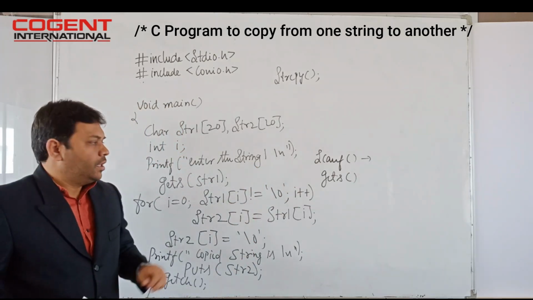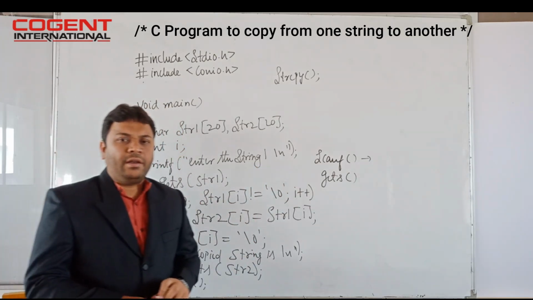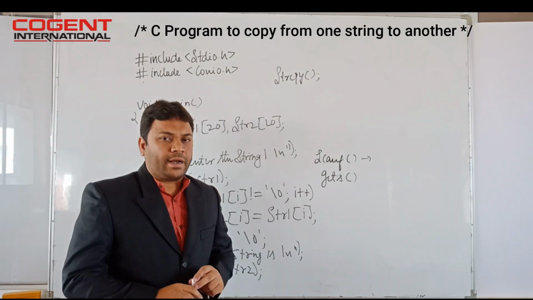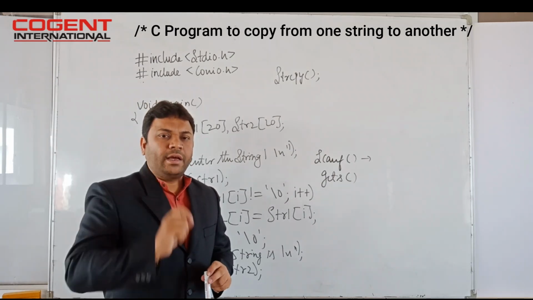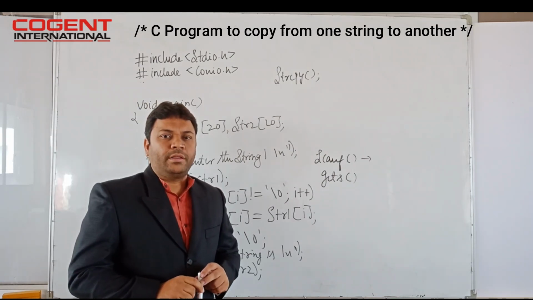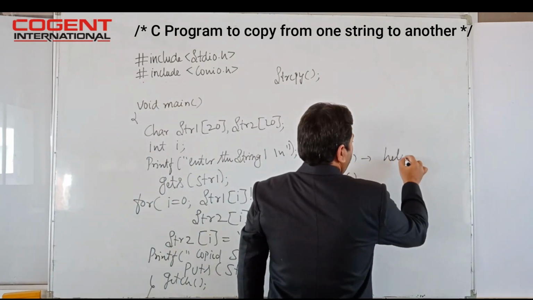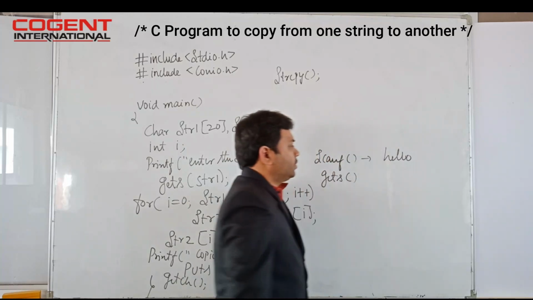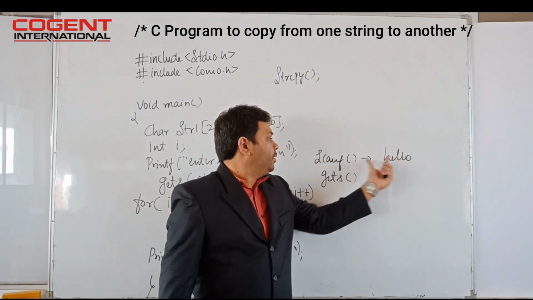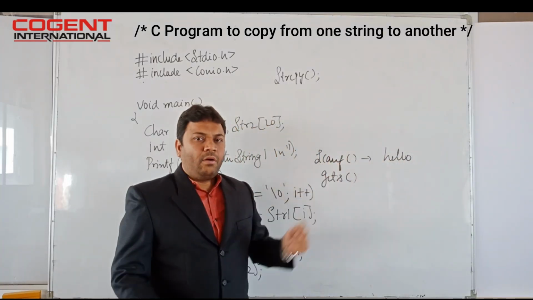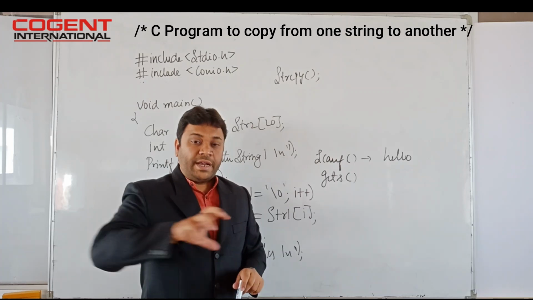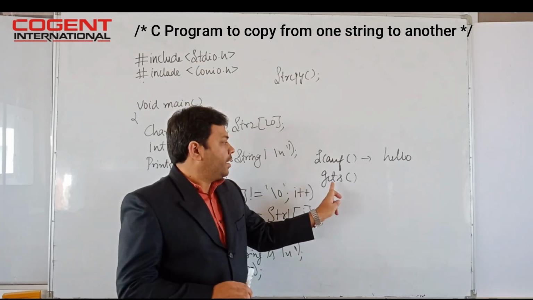Because scanf will scan only a single word, a single string here. Suppose hello. This string is read using the scanf statement. Now I want to read a sentence, so that time gets is used.